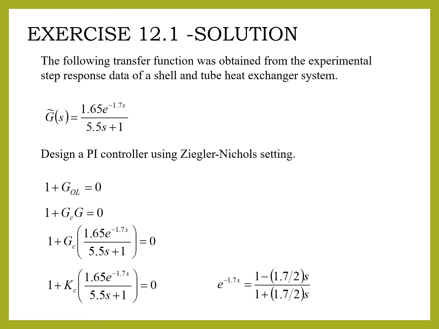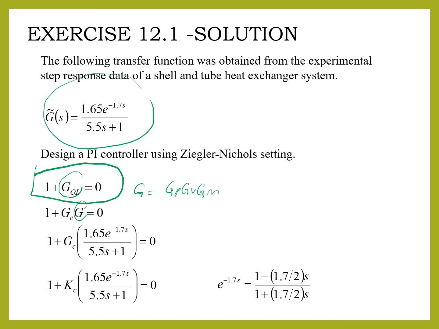The first step is to consider the stability limit of 1 plus GOL equal to 0. Now substituting what GOL is. GOL is the multiplication of G times Gc, by assuming G equal to Gp, Gv, and Gm. So this is your G, substitute in here.